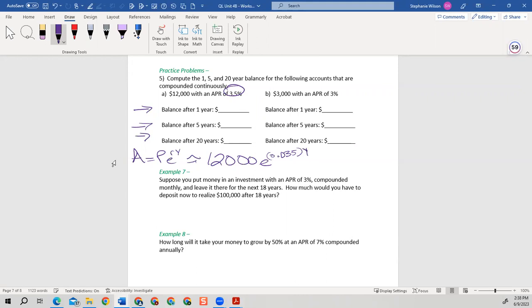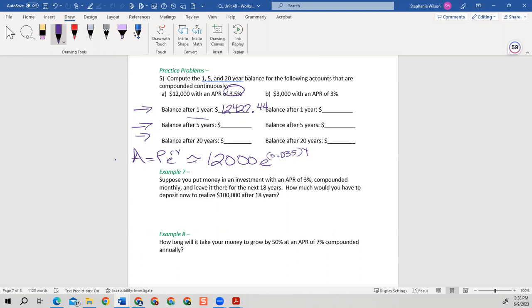So for the 1 year, I'm going to take that 12,000 E raised to 0.035 times 1 year. So I get 12,427.44.